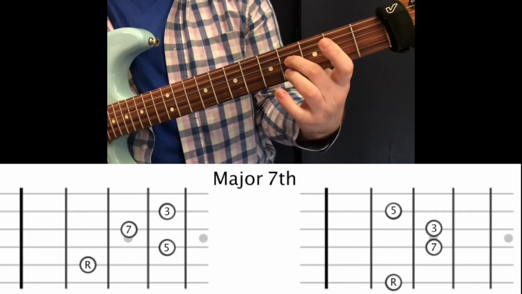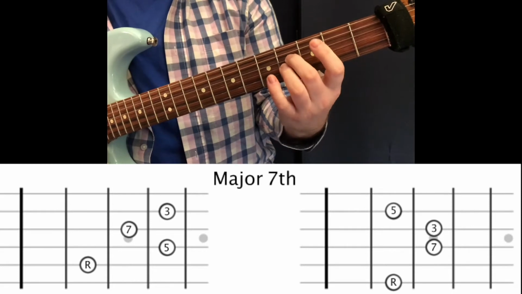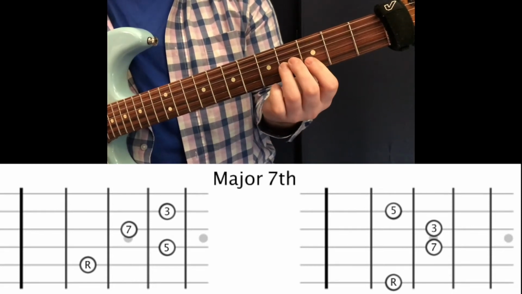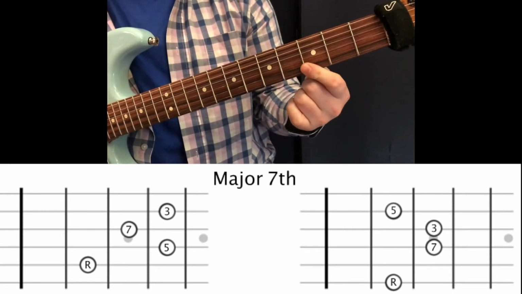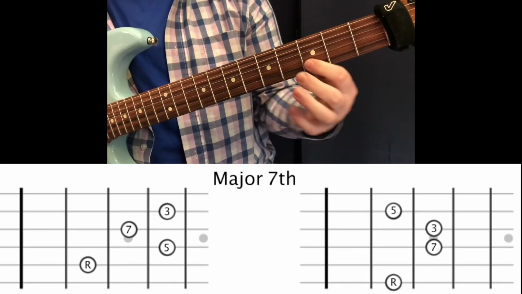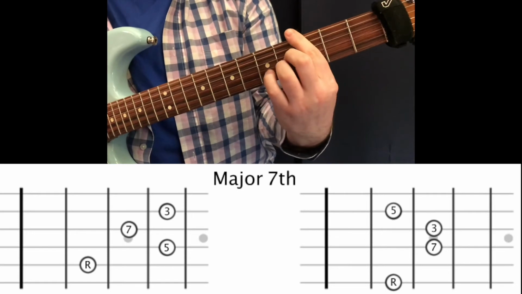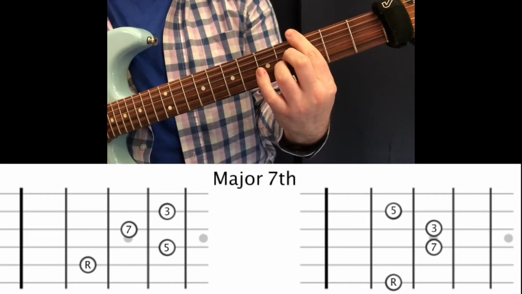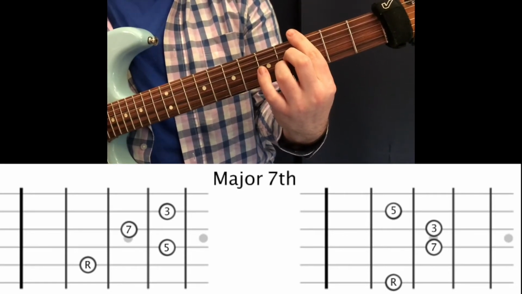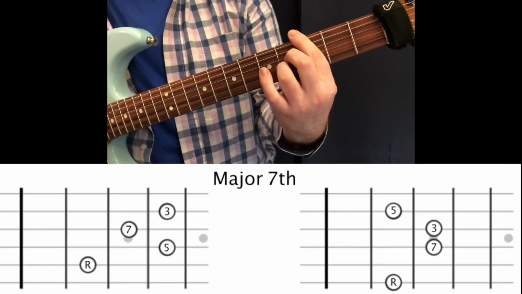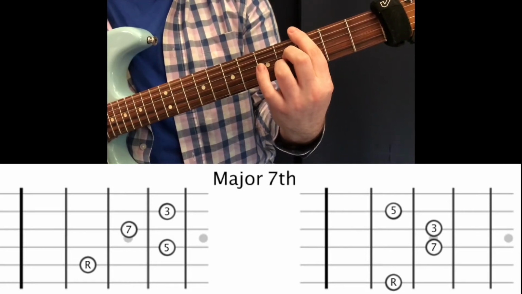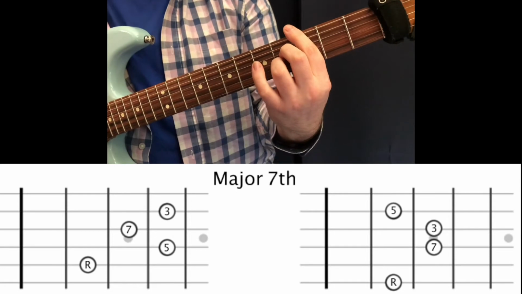Then we have the 7th, which is F sharp. Then the 3rd, 5th, and then the root again. And again, that 1st string root you don't really need. You can just play the root, 7th, 3rd, 5th and get the full chord.